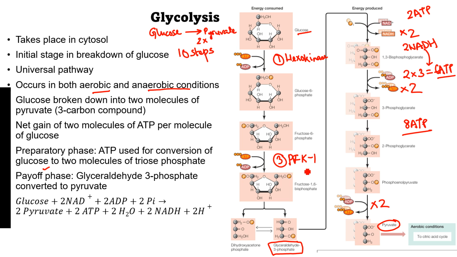It is required for the conversion of fructose 6 phosphate to fructose 1,6 bisphosphate. We will learn about this enzyme in the subsequent slides, where we will understand how it is regulated, and which substrates inhibit or activate this enzyme.